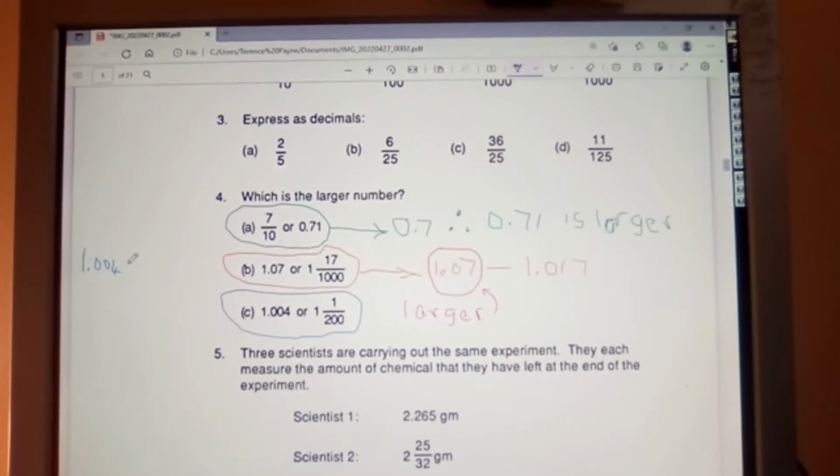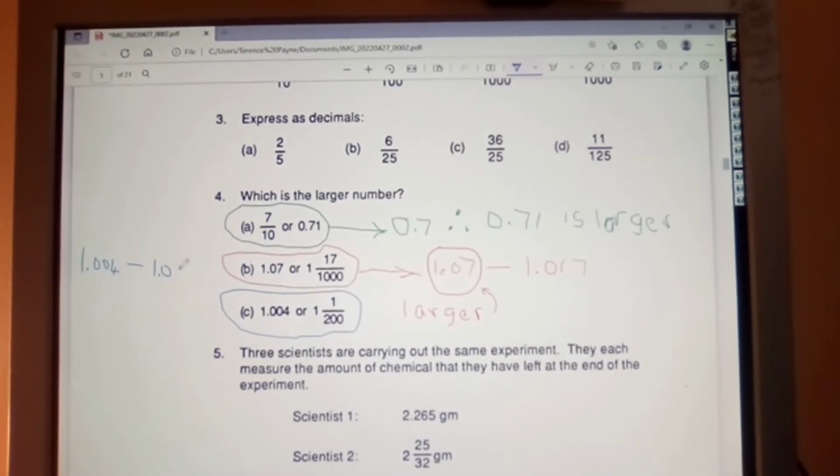Then when we deal with the other side, we then have 1.005.